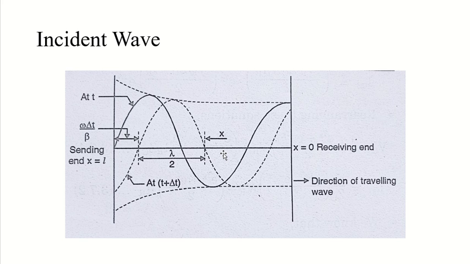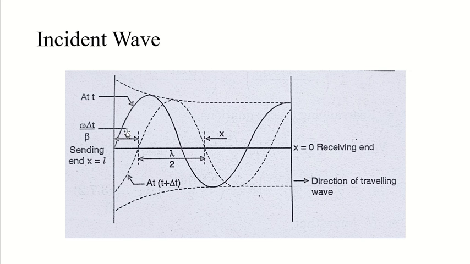As it is advancing in phase, after some time, let's call this time delta t, the distribution which is advancing in the distance will be, by the phase, omega delta t divided by beta.